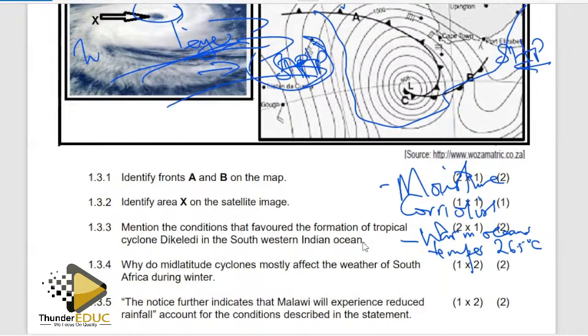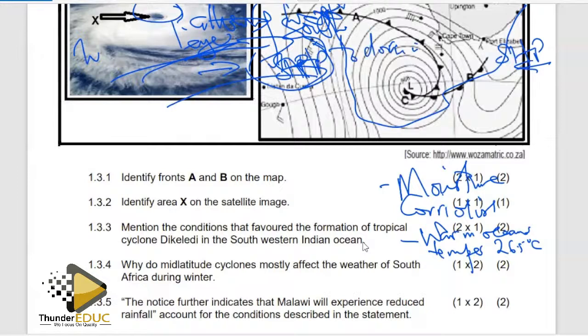So the westerly winds are the ones which determine whether the mid-latitude cyclones are going to reach the interior or not. The position of the subtropical high pressure allows the westerly winds to dominate.